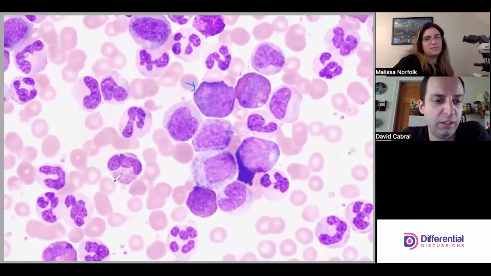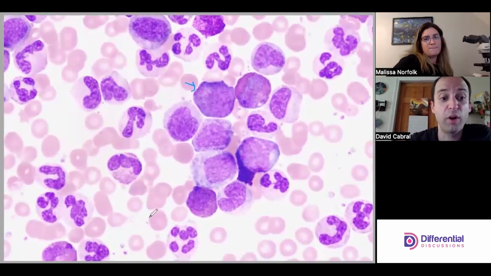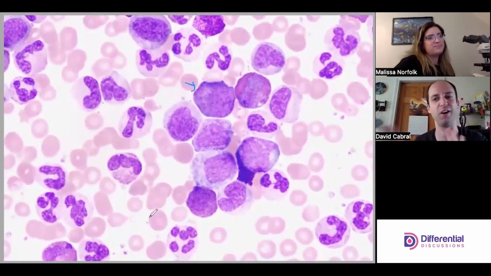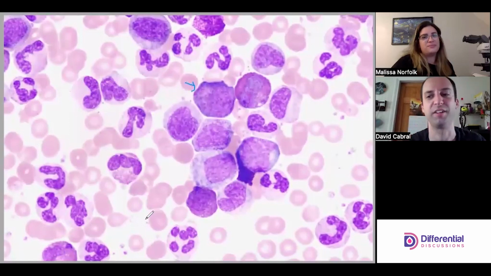Whereas the one you pointed to is almost making a crude C shape. To our eyes, we see those sharp edges and we know that's neutrophil behavior, band behavior.